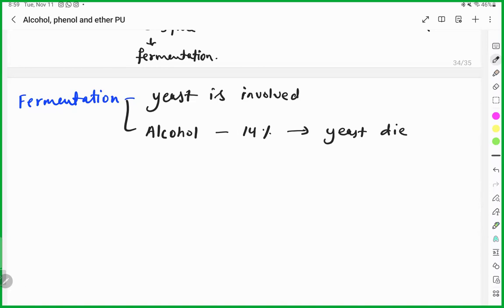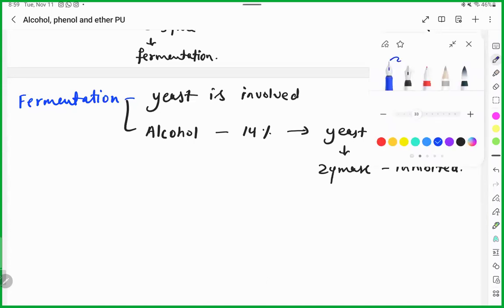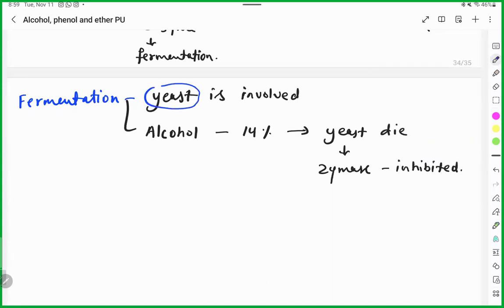If the yeast dies, all the enzymes like zymase will not work because the yeast is not active, not alive. Yeast is an organism, a fungus, and this fungus is responsible for the alcohol formation. If you are killing this fungus by producing more alcohol, it will die.